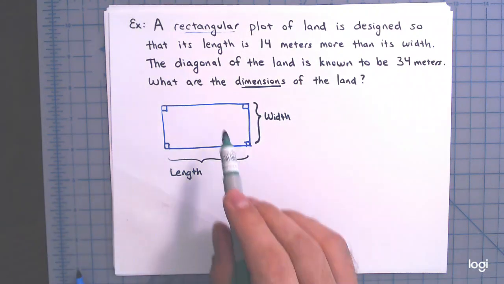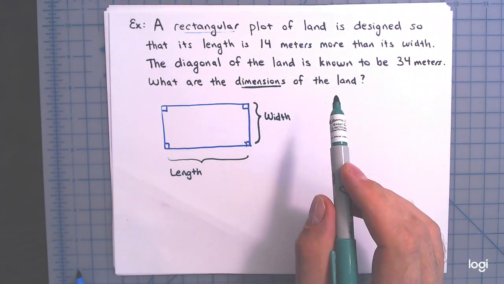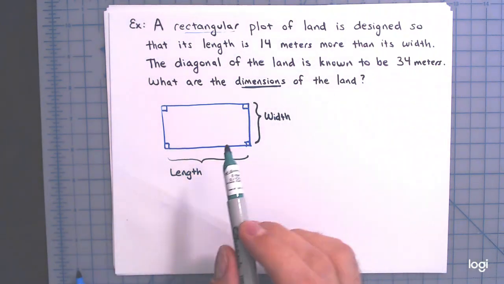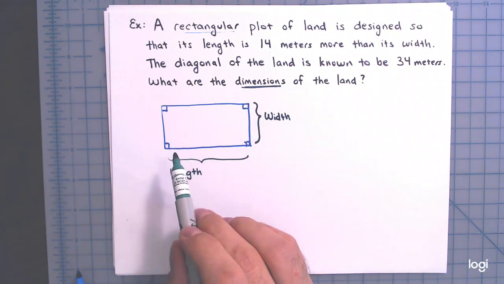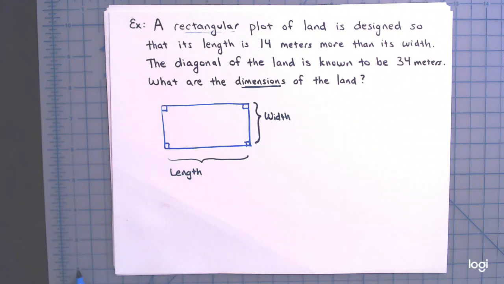All right, when they ask what are the dimensions of the land, they're asking you for the unknown quantities, the length and the width of this rectangle. As with any word problem, you read through it and then you ask yourself, what do they want from me? What don't I know?